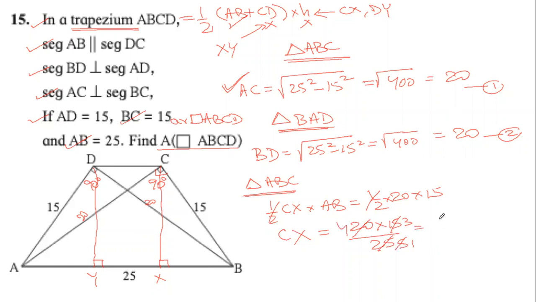So this comes to 4 into 3, 12. Similarly, in triangle BAD, DY equals 12.